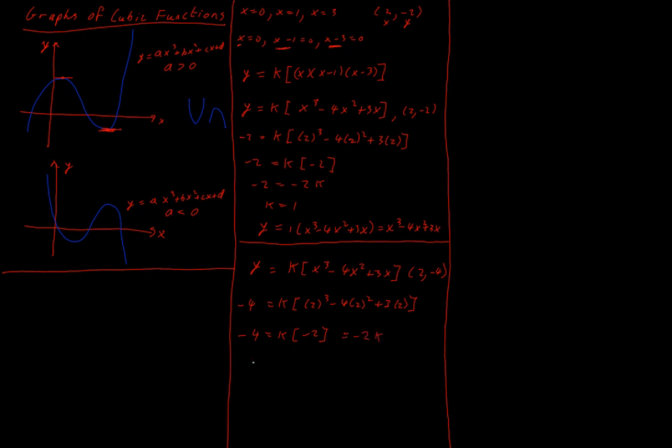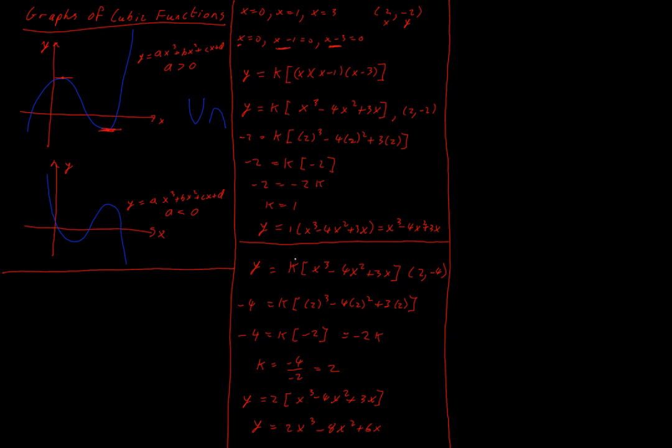So I end up with k is equal to -4 divided by -2, which is equal to 2. So my y is equal to 2 times x cubed minus 4x squared plus 3x. This function then, the one that I had multiplied by 2, ends up being 2x cubed minus 8x squared plus 6x.